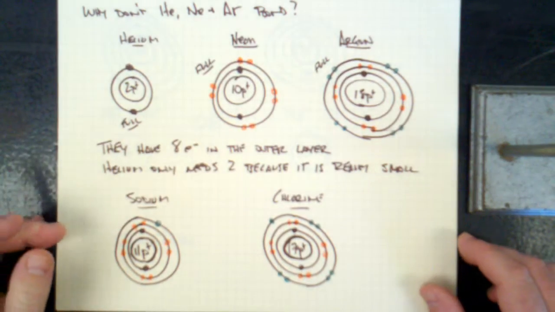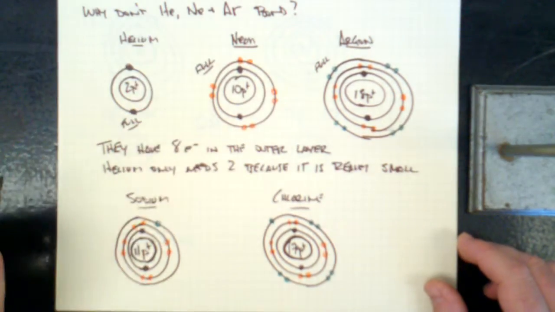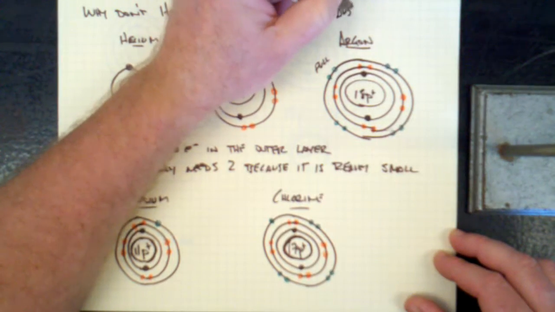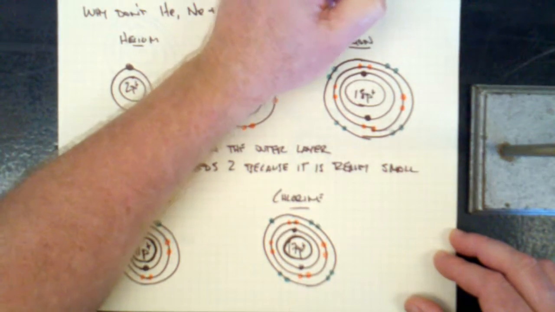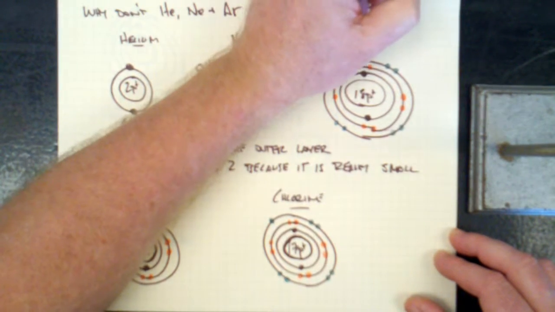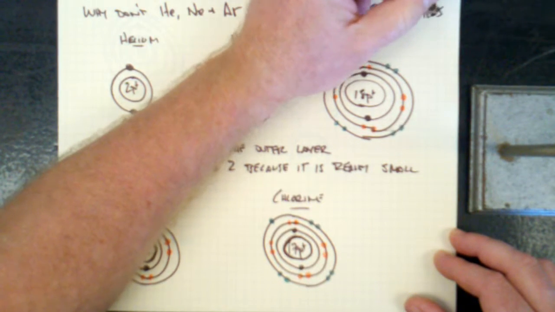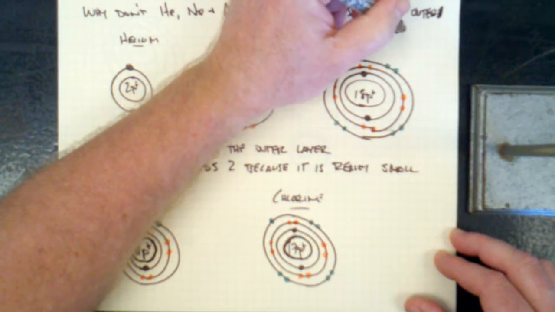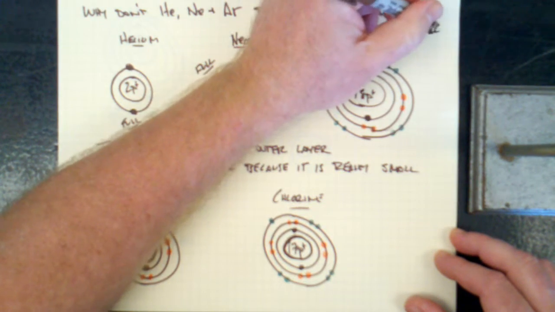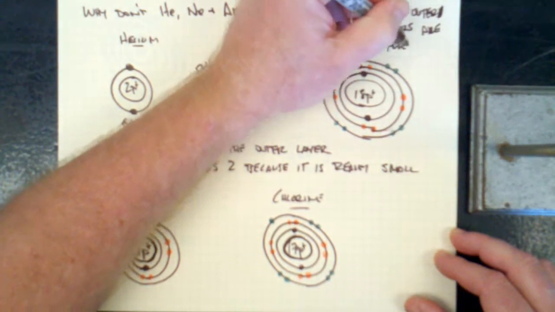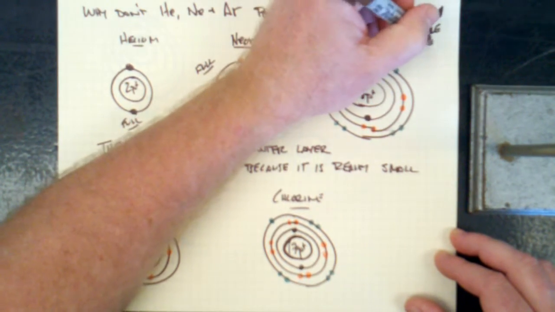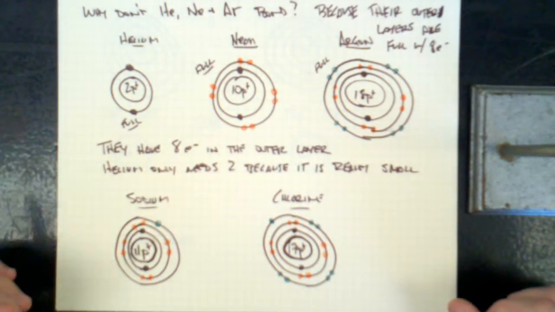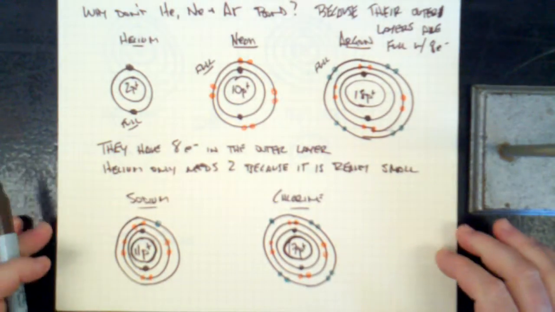So helium, neon, and argon don't bond because their outer layers are full with 8 electrons. Other atoms don't have full outer layers.